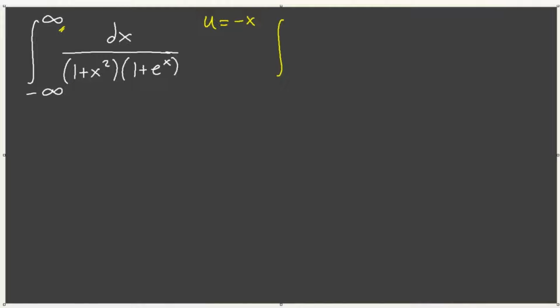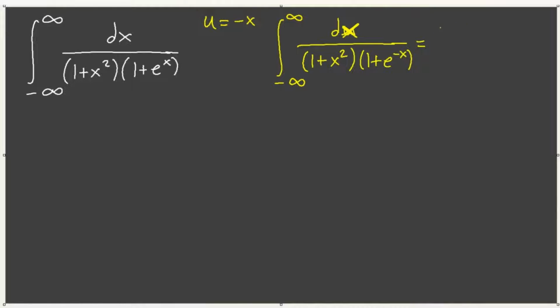So thankfully, when I do ninja substitution, it doesn't affect the bounds. du, and then 1 plus u squared, 1 plus e to the -u.